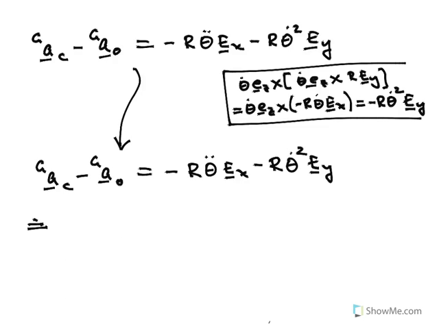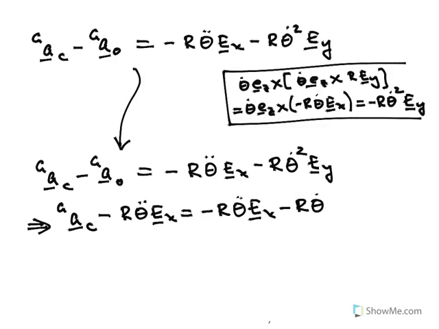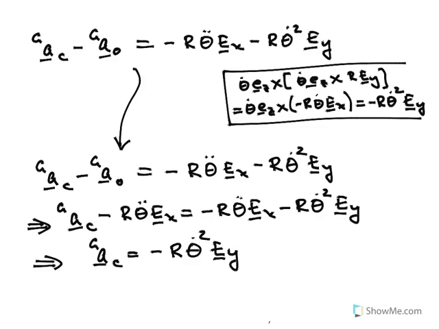So this gives me acceleration of C in G minus R theta double dot EX is equal to minus R theta double dot EX minus R theta dot squared times EY. And this gives me that the acceleration of C in G is equal to minus R theta dot squared times EY. You'll notice something.